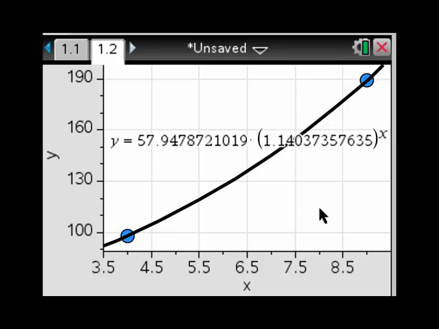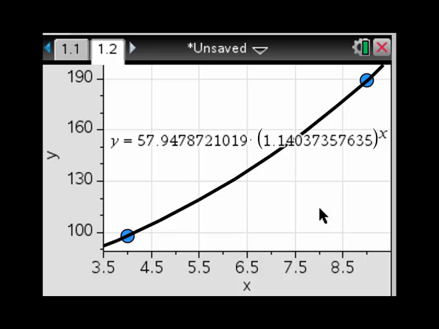So the second part asks, at what percent rate is the population growth per hour? So we need to know if it's greater than 1, it's growing. Well, that's because if we multiply by 1, it doesn't change. So how much more than 1 is 1.14? So 1.14 minus 1 is 0.14.